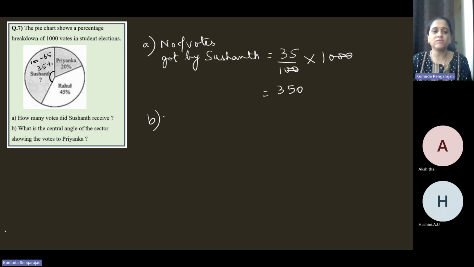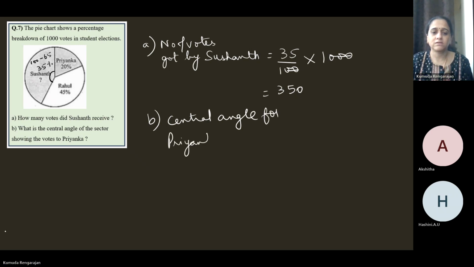So if you want, construct a proportion for this. For Priyanka, you'll have to find the central angle. For Priyanka, the percentage is 20%, right?